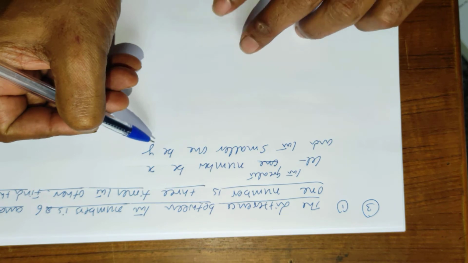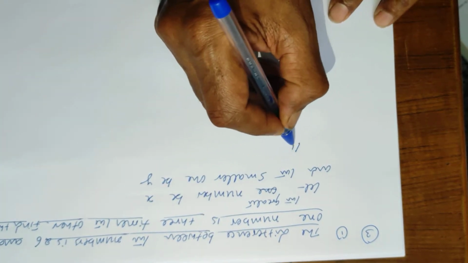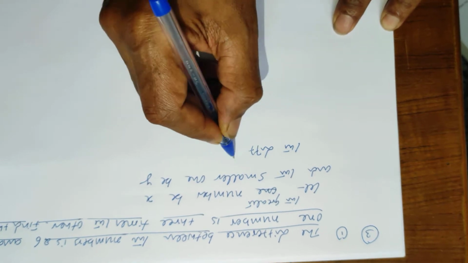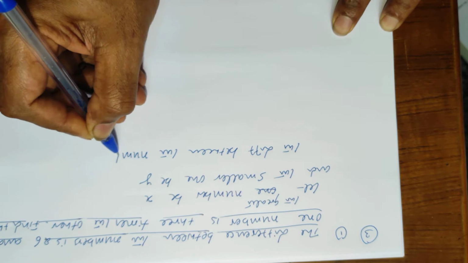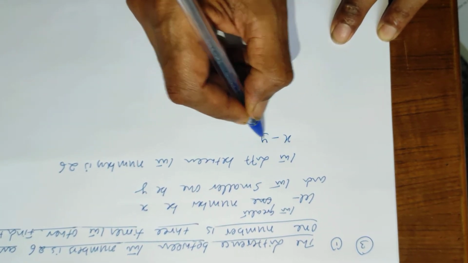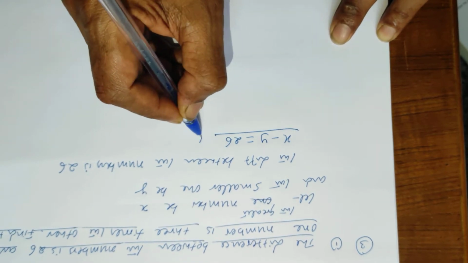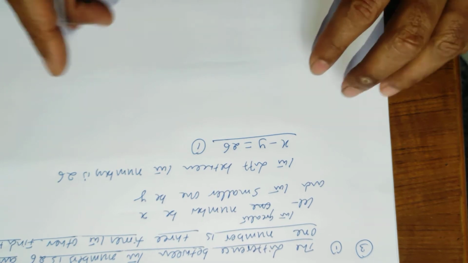This is greater and this is smaller. So the difference is 26. The difference between the numbers is 26. That is x minus y is equal to 26. So we have one equation now.